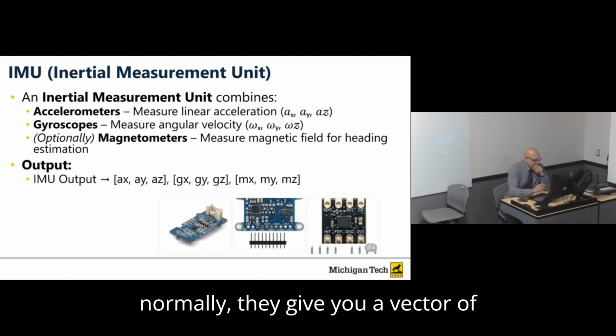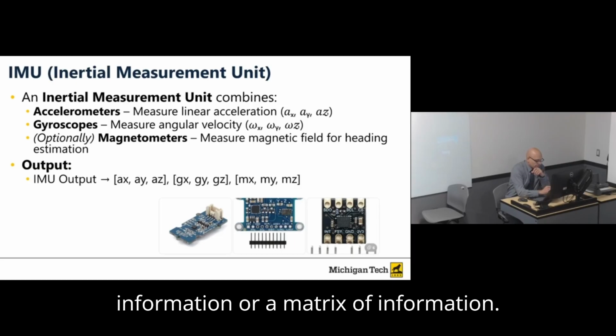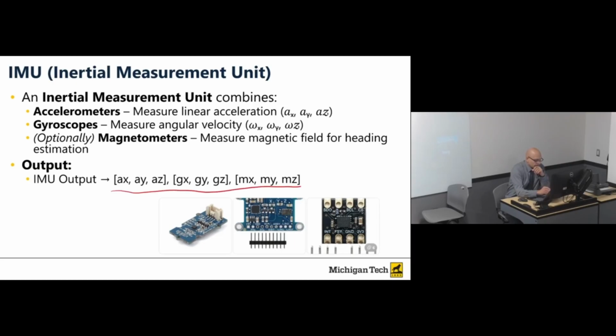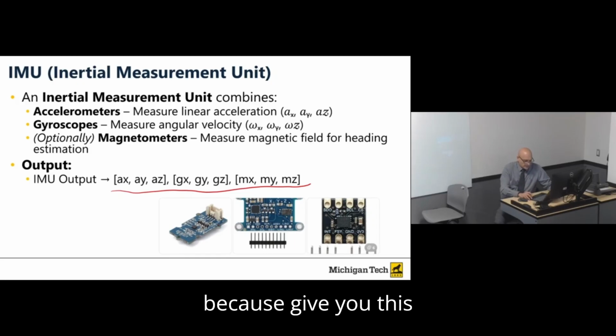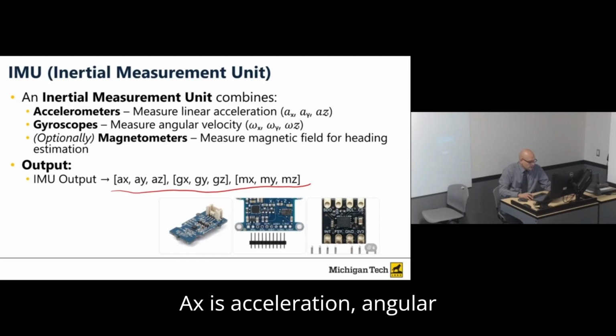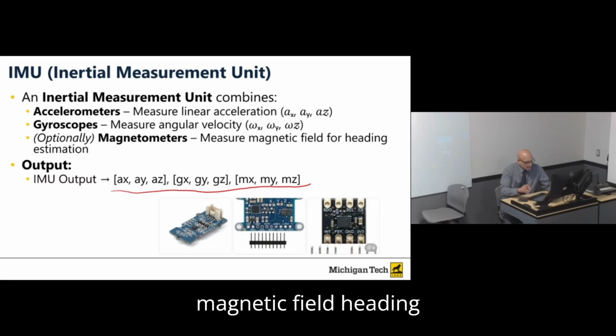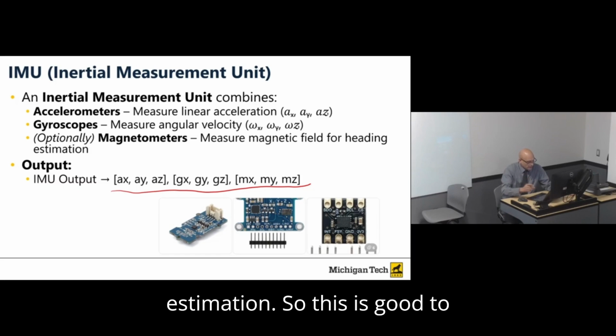So normally they give you a vector or a matrix of information. That's why we call them structured. AX is acceleration, then angular velocity, and magnetometers or magnetic field for heading estimation.